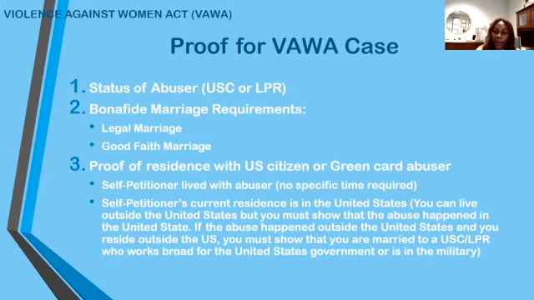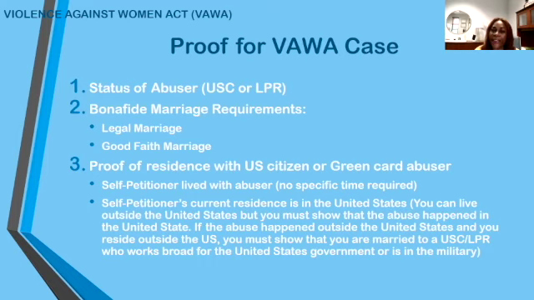Then the good faith portion of the evidentiary requirement is that you have to show it's a legitimate marriage. And how do you show this? I've done a lot of videos on how to show you're in a bona fide marriage. USCIS loves to see financial commingling.